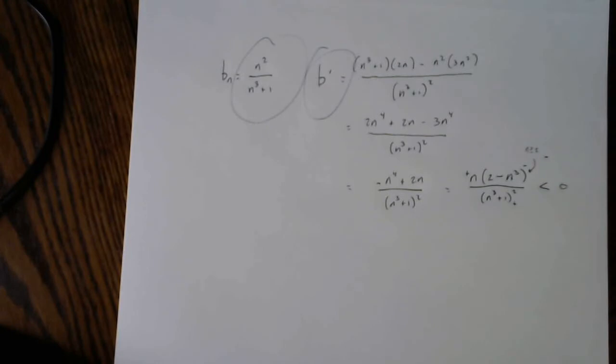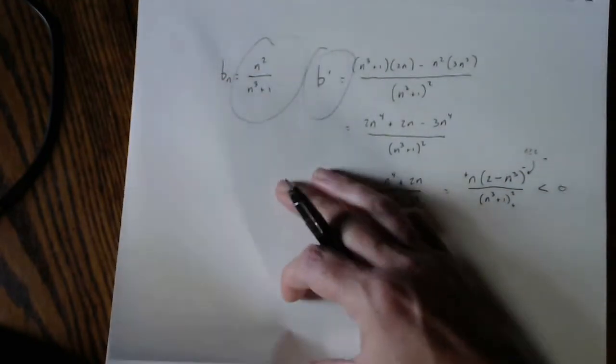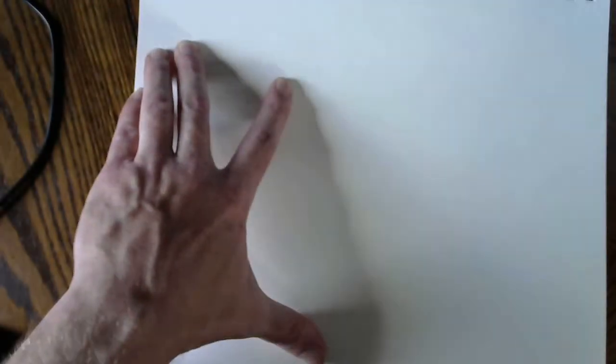Now, what happens if this doesn't work? I'm going to give you a hint, something that maybe the book doesn't really let in on. Let me see if I can find a special one. Okay, this looks like a good one. So we're going to have an alternating series.